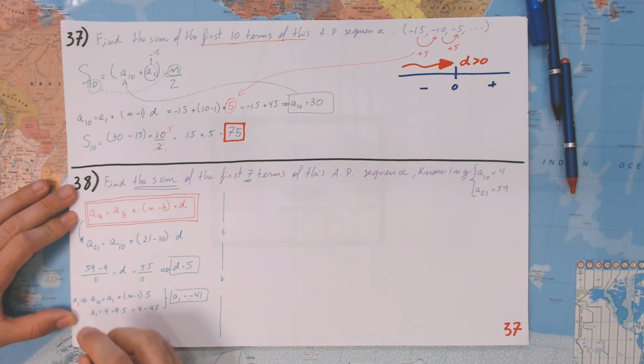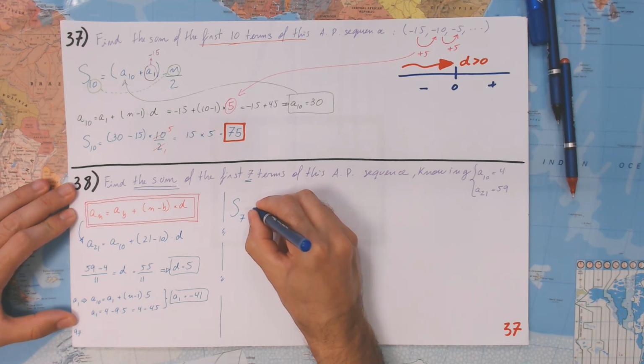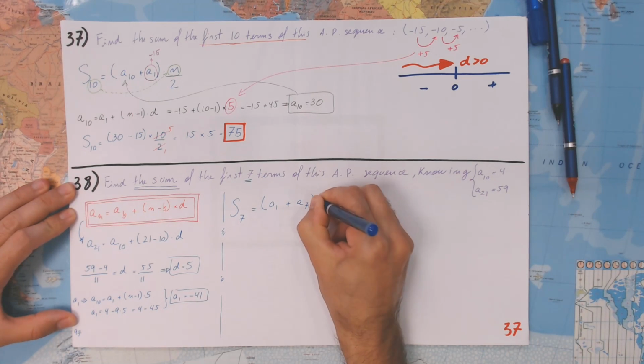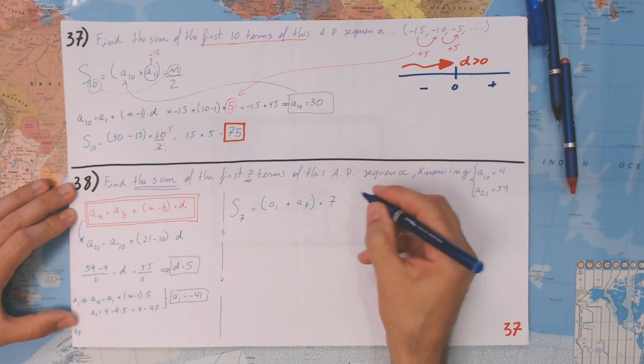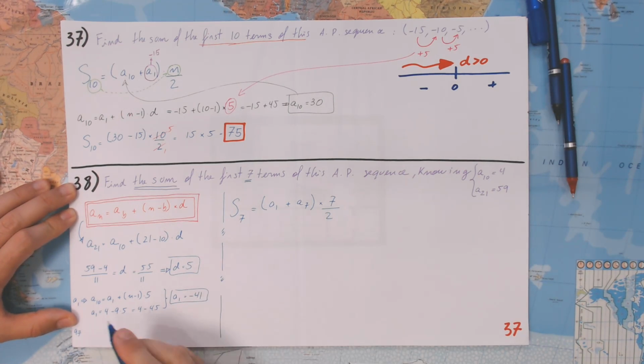Another one, we got it. Let's find out what A7 is. Because look, to get the summation of the first 7 terms, what do we need? A1 plus A7, the last one, times 7, how many terms are being added, divided by 2. A1 is done. Now let's find A7. A7 is going to be A1 plus n minus 1 times 5.